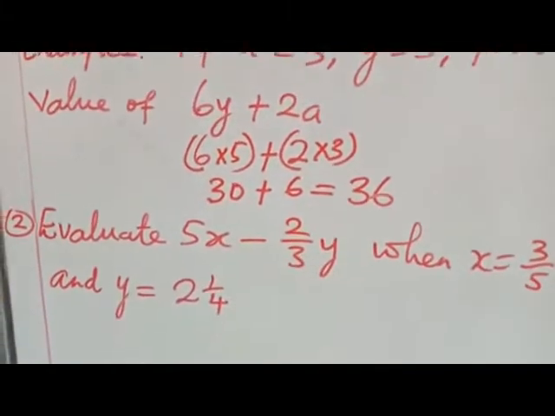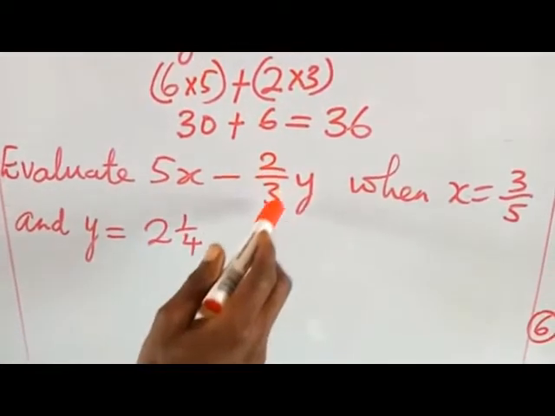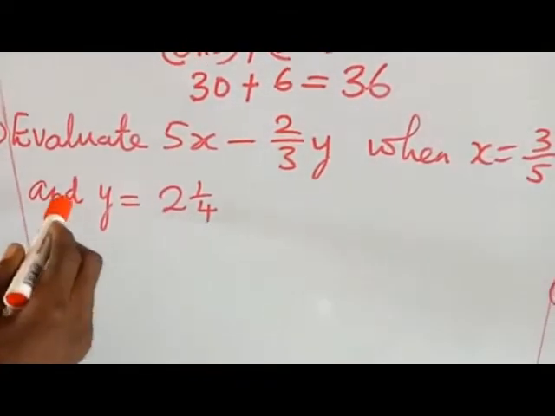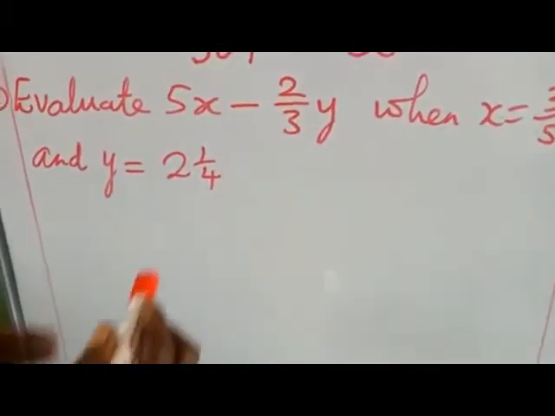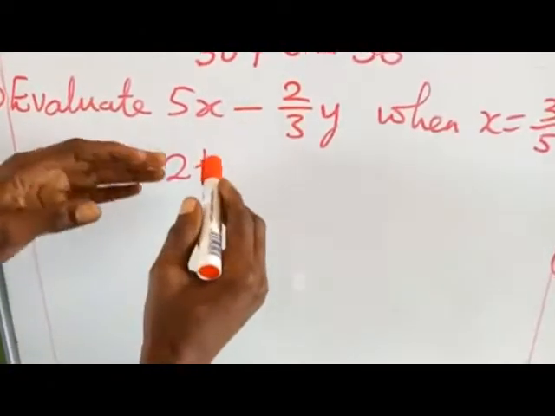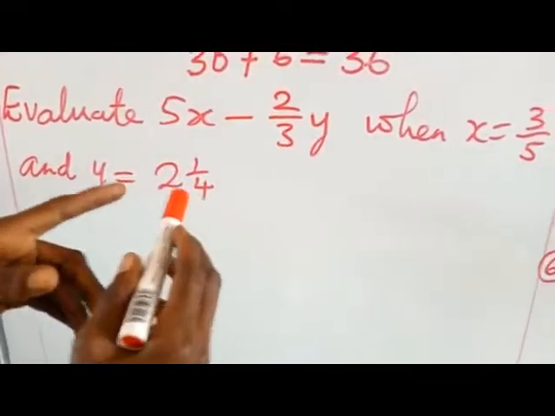Example 2. Evaluate 5x minus 2 over 3y when x is 3 over 5 and y equals 2 whole number 1 over 4. Just the same way we did example 1, what you do is replace the value of x, whatever value is given as x.